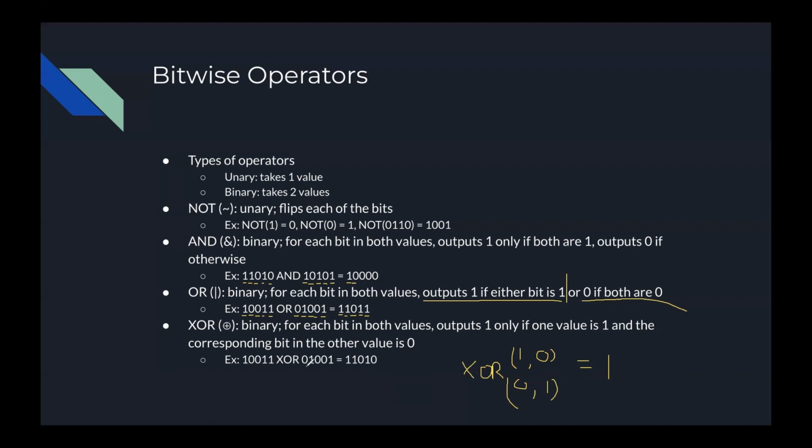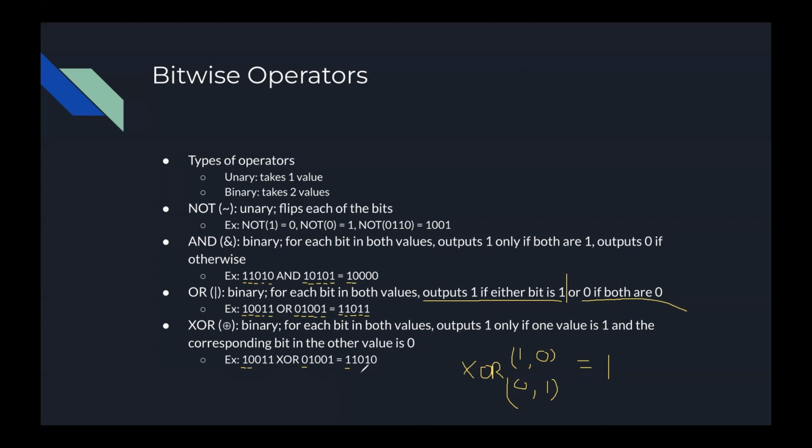So let's look at this in an example. Let's compare the first two digits here, 1, 0. For XOR, you're going to have to look at both of the digits because this is when you have a dependent result. So 1, 0 will produce a 1. This is a 0.